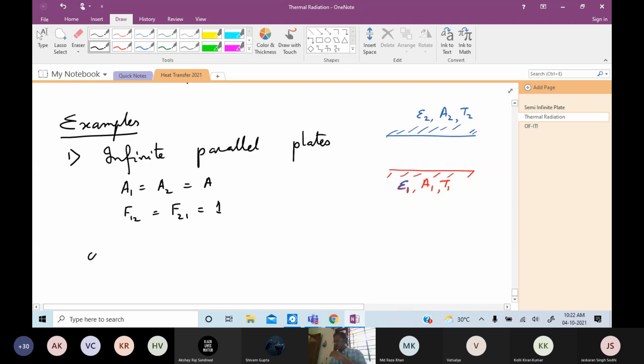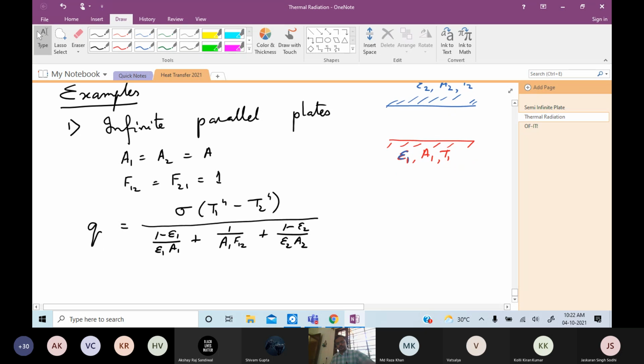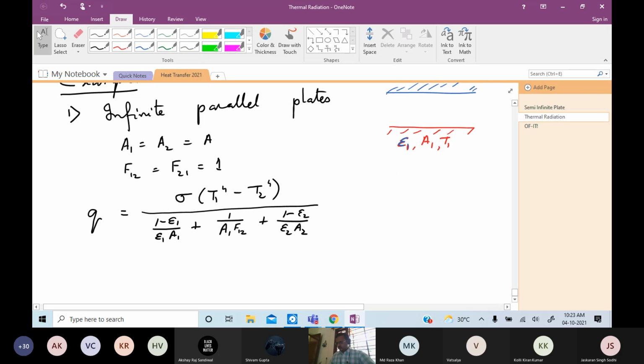What is my Q? Sigma T1 to the power 4 minus T2 to the power 4 divided by 1 minus epsilon 1 over epsilon 1 A1 plus 1 over A1 F12. Got it. Now we know A1 equals A2 equals A, and all these A's are here.